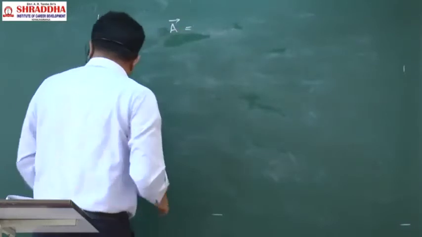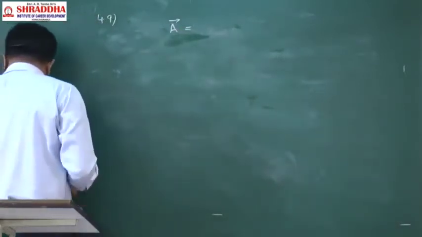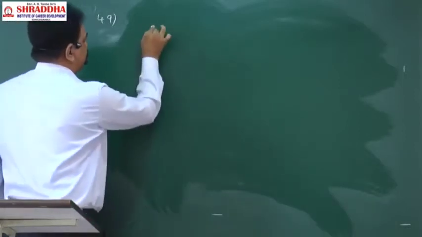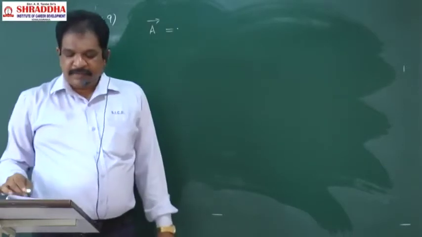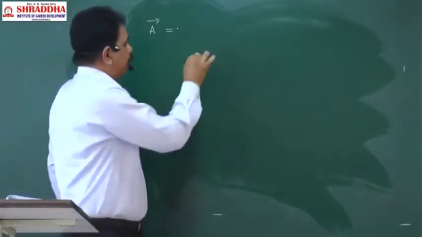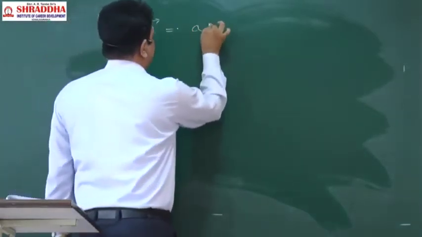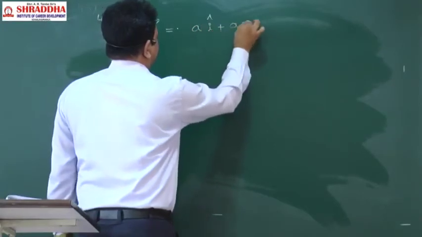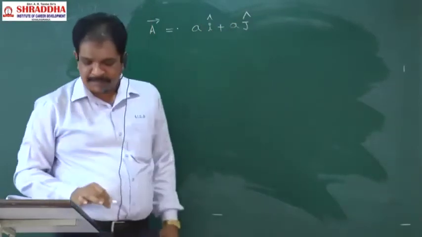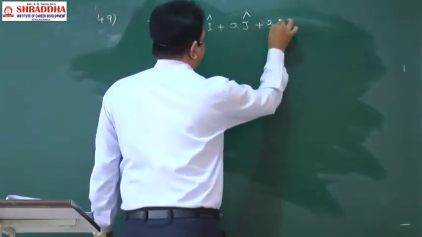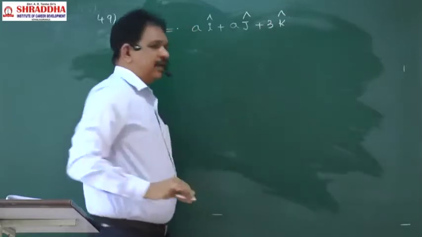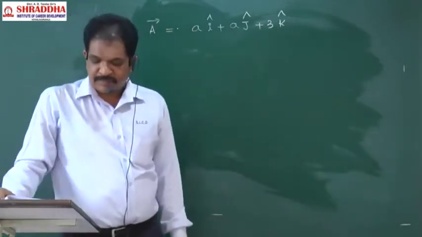What is the value of A bar they gave? A bar is equal to A I cap plus A j cap plus 3k cap, that is A bar value.